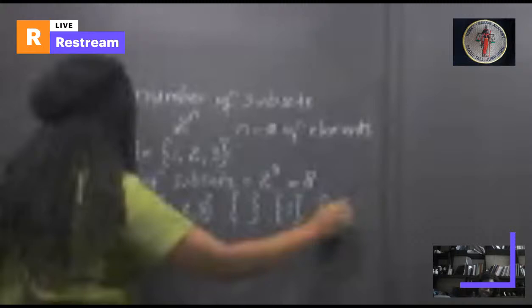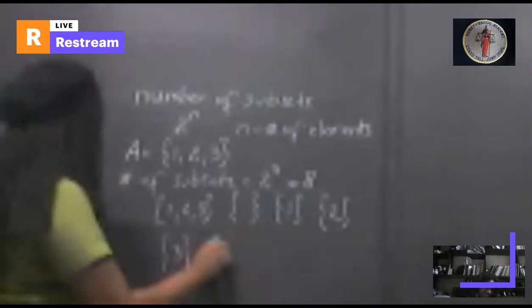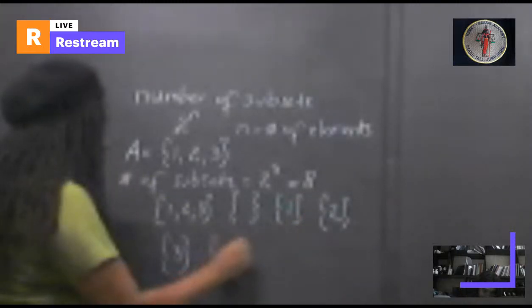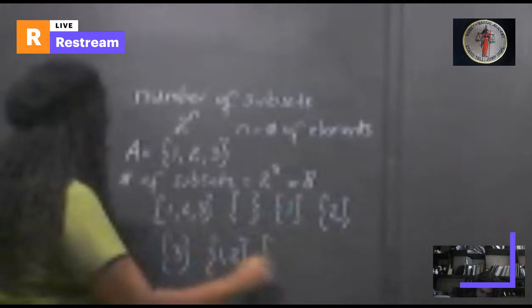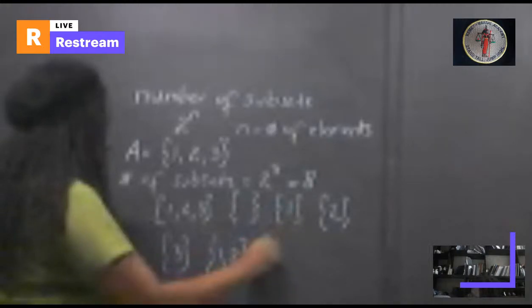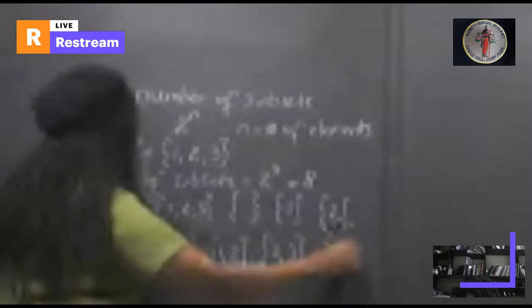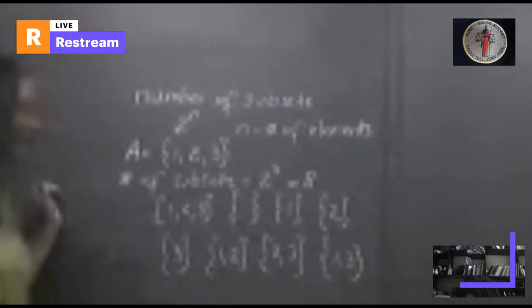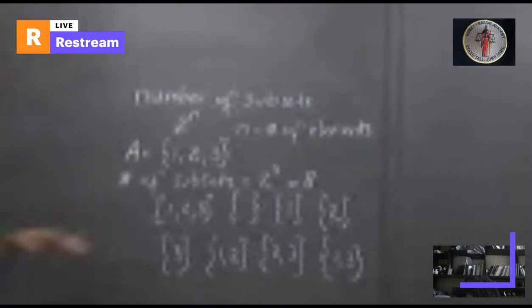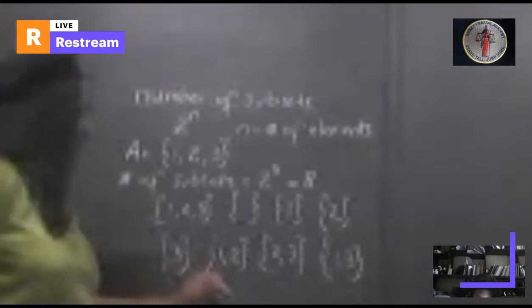And then we can combine the elements in here. So 1, 2, 2, 3, and 1, 3. So these are the 8 subsets: 1, 2, 3, 4, 5, 6, 7, 8.